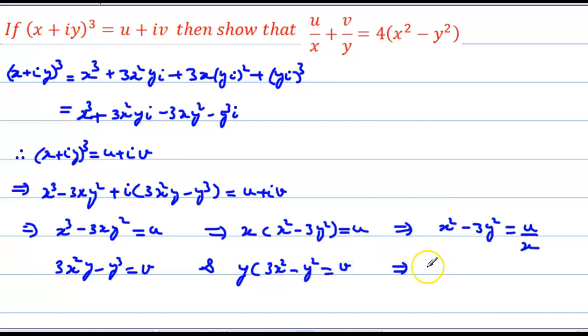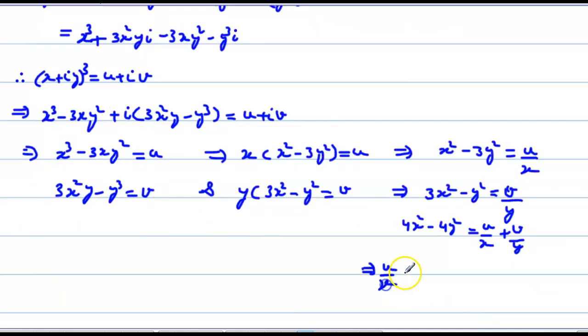This implies 3x square minus y square is equal to v upon y. Adding the two, we get 4x square minus 4y square equals u upon x plus v upon y. Therefore, u upon x plus v upon y equals 4 times (x square minus y square).